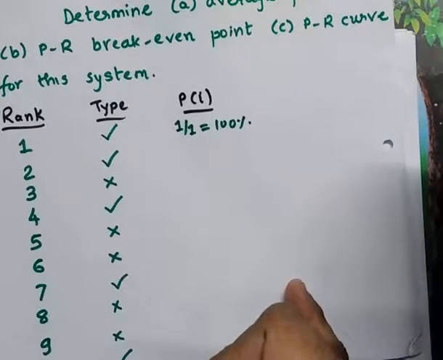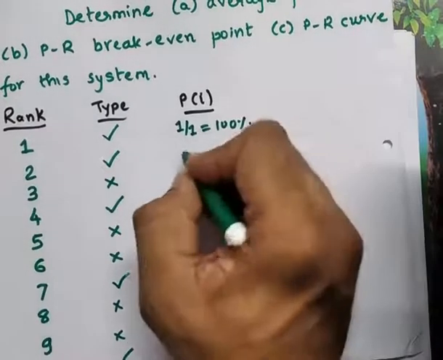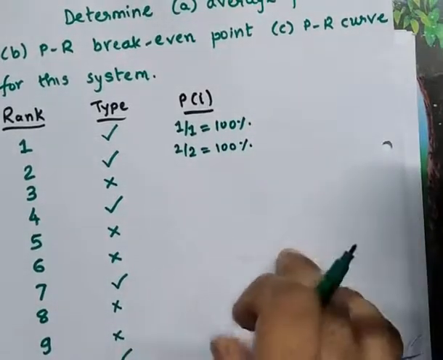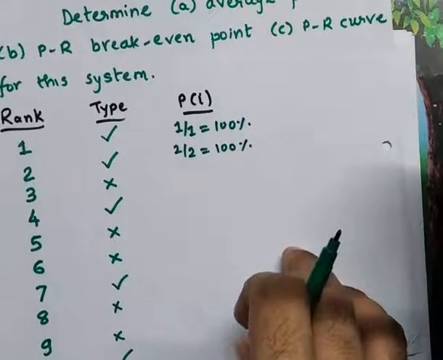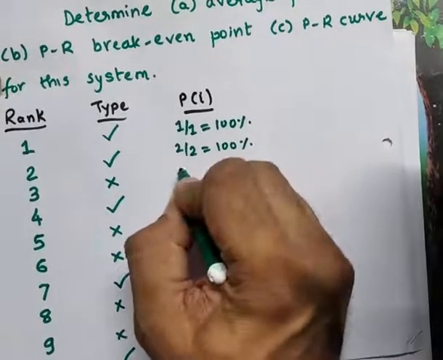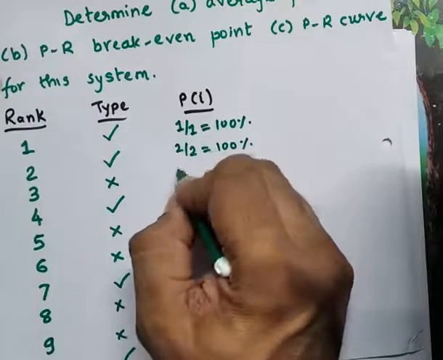In the same way, the precision at rank position 2 is 2 by 2, that is 100%. Out of 2 retrieved documents so far at rank position 2, both of them are relevant. If we go in the same manner, we can quickly list all the precision values.